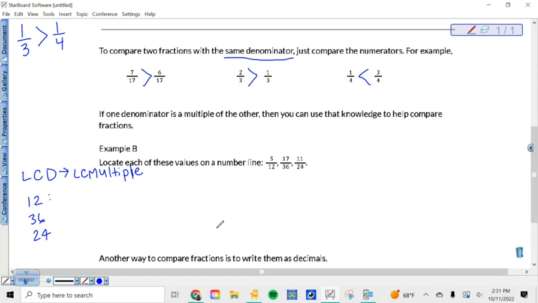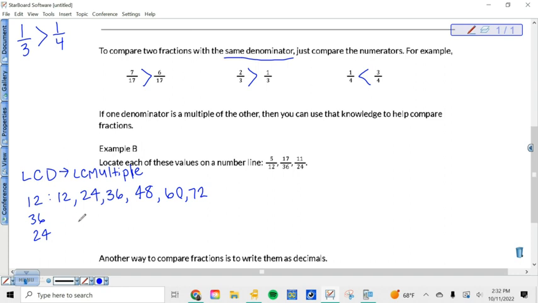What are the multiples of 12? Yes. 12 times 1 is 12. 12 times 2 is? 12 times 3 is? 12 times 4 is? 12 times 5 is? 12 times 6 is?